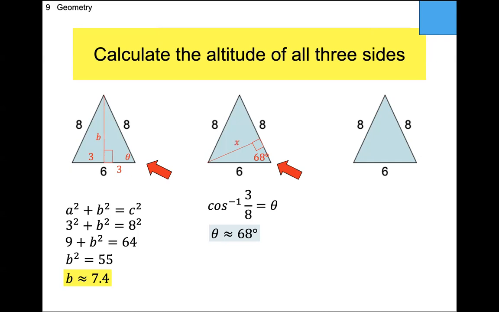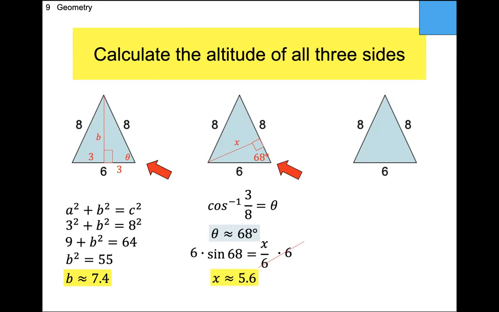So sine of 68 would be equal to the opposite side x over the hypotenuse. In this case, that would be 6. Yay, this is the one we like, right? Multiply both sides by 6. The 6's cancel. Grab your calculator. 6 sine 68 would be how long x is, and it's 5.6.